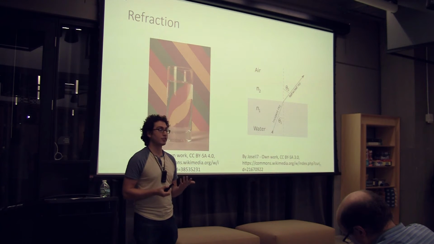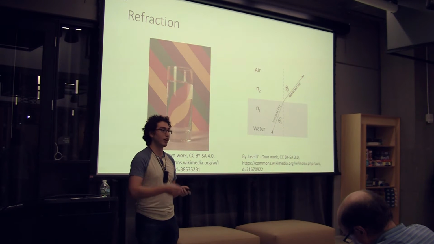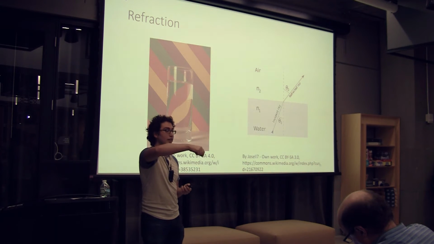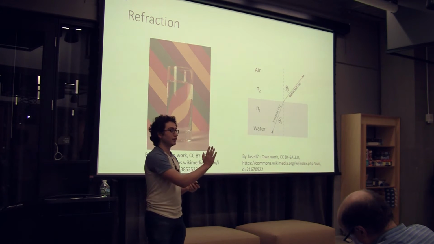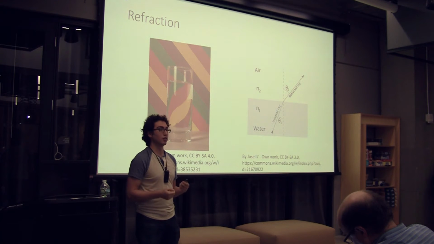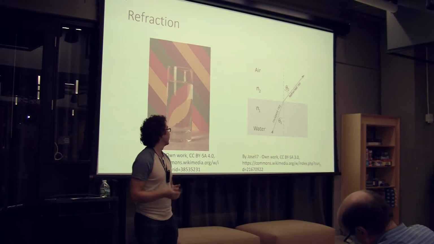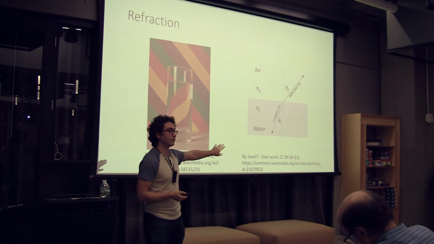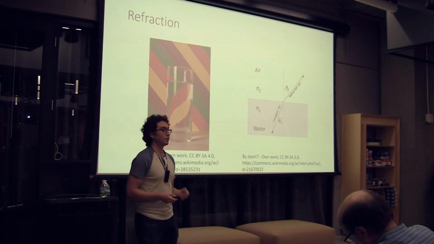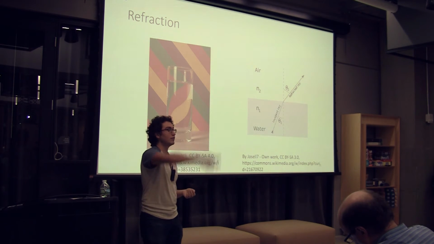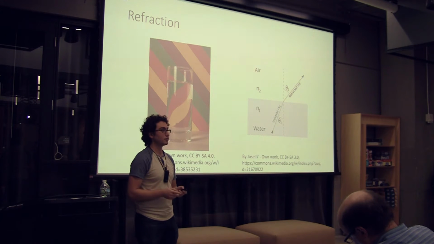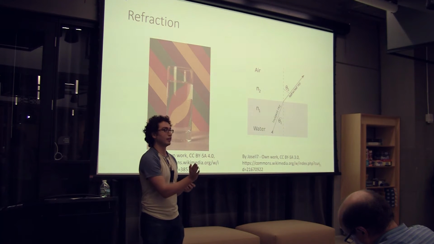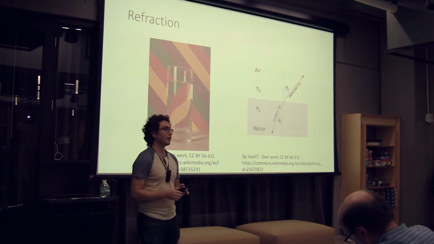And then for refraction, if you don't know what it is, you've definitely seen it. If you've ever had a water glass with a straw in it, and the straw kind of bends once it hits the water, that's refraction. And this diagram is showing it another way. So you have this ray leaving the water, and at the point when it leaves, the angle that it's traveling increases.